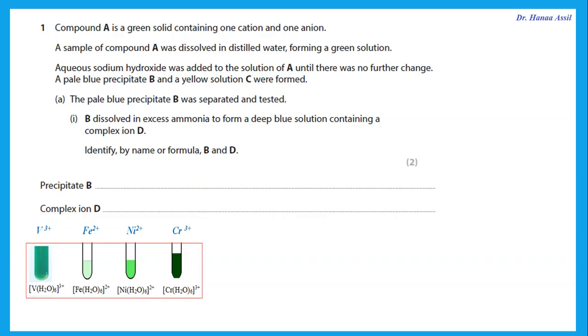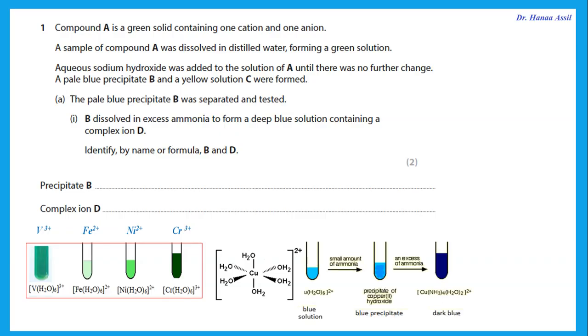So, if we add sodium hydroxide, it gives a pale blue precipitate, and adding ammonia gives a deep blue solution. That's obviously copper 2+. Copper 2+ in solution is blue.